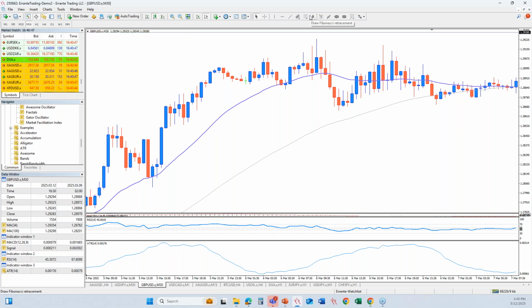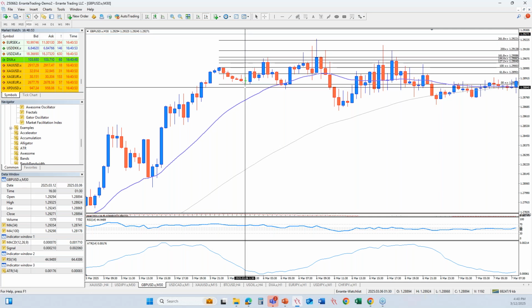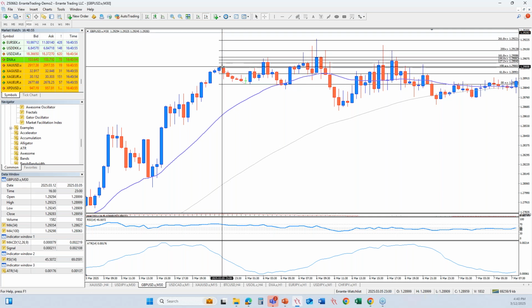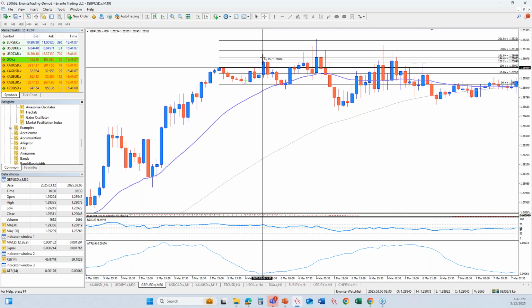So I need to be very realistic about my TPs. As you see, for example, here I can expect only 8 pips from the breakout. It gets only 8 pips higher, or let's say less than that, about 7, while the ATR is 6.